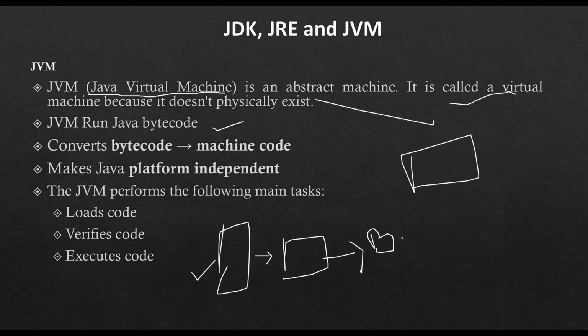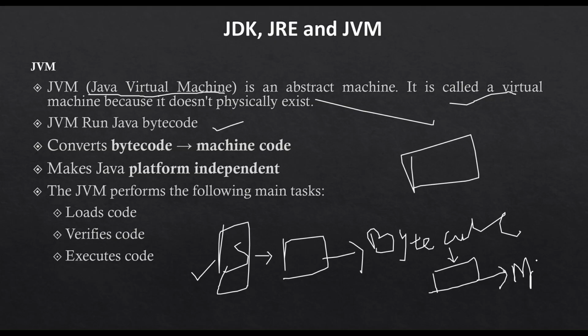Then the JVM converts the bytecode into machine code, whatever code the machine understands. This is the main part of Java architecture. Java is platform independent due to its own virtual machine.